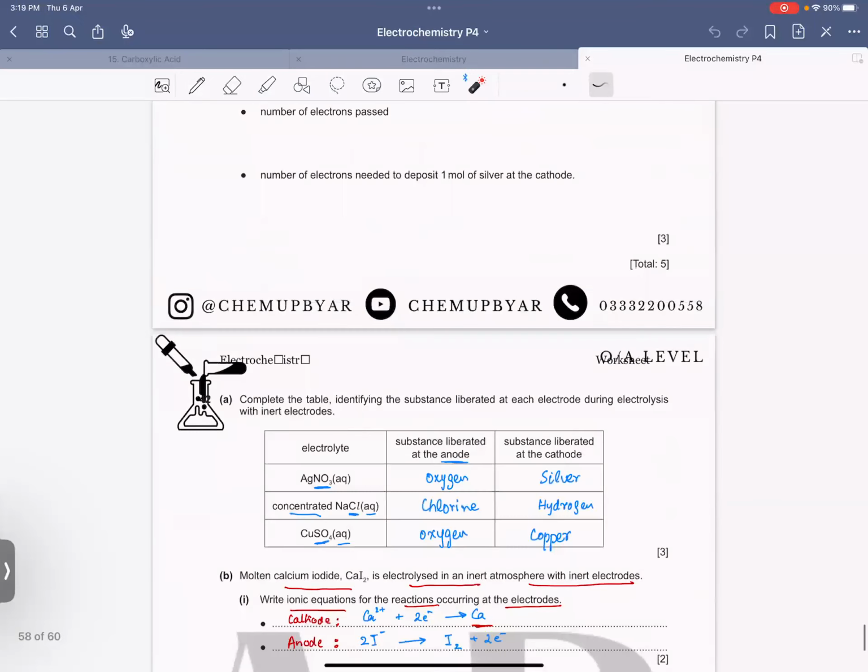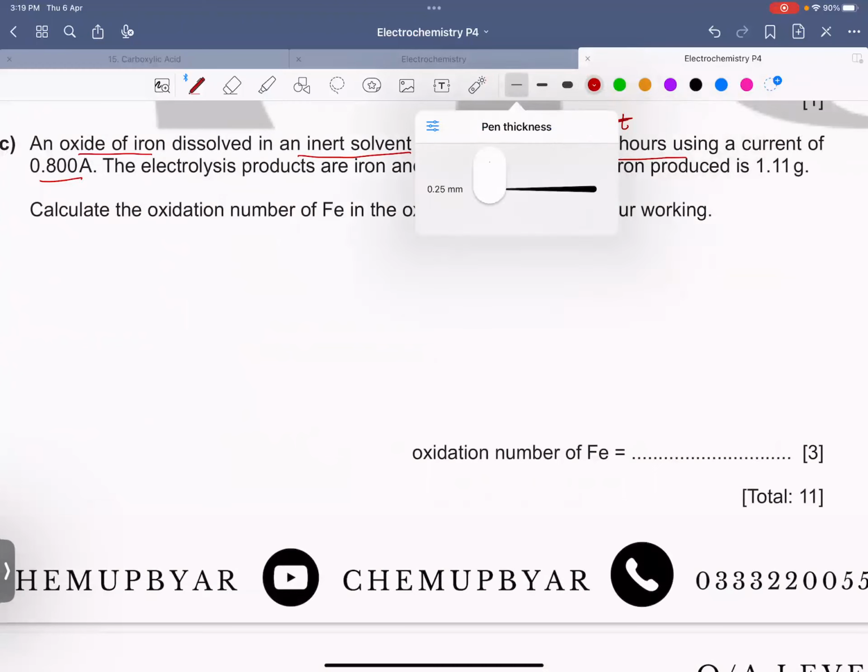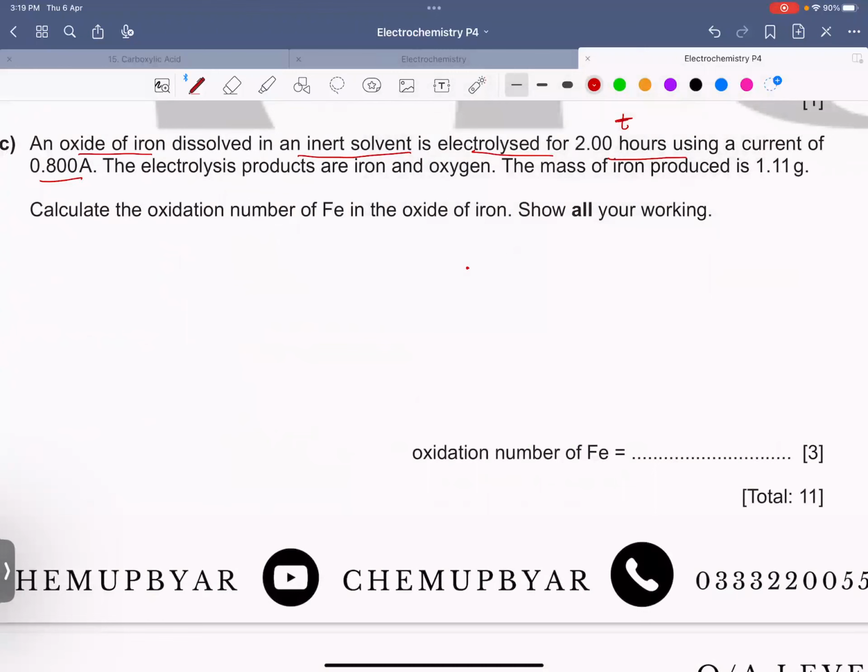So here I have got a time, and here I have got a current. The electrolysis products are iron and oxygen. The mass of iron produced is 1.11 gram. So they have provided you the mass, and the time for which the electrolysis is being performed.